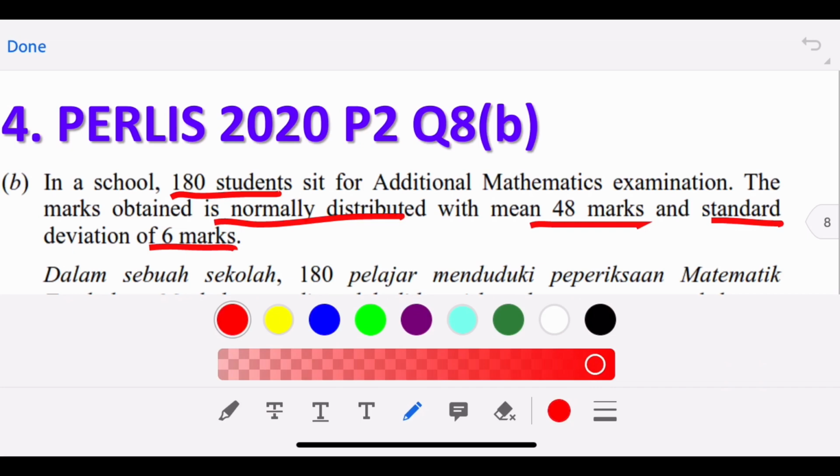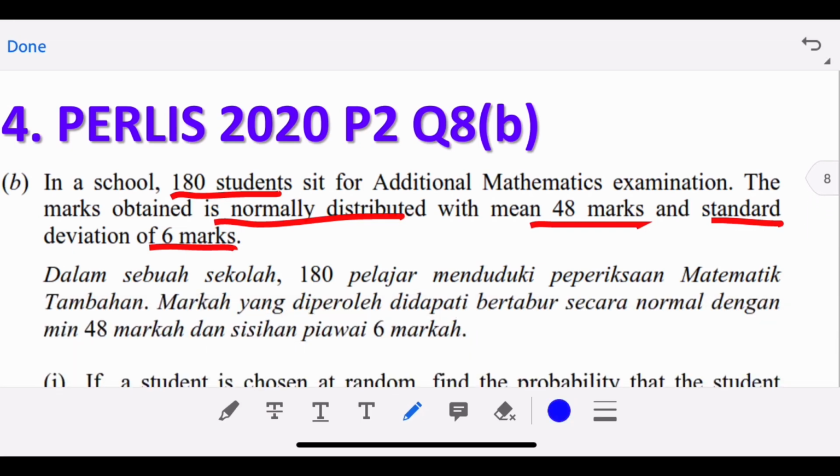Before that, can you please take out the calculator? Get your calculator ready, and try to figure out how to write down the z-score. Z-score is equal to x minus mean over standard deviation. Understand?